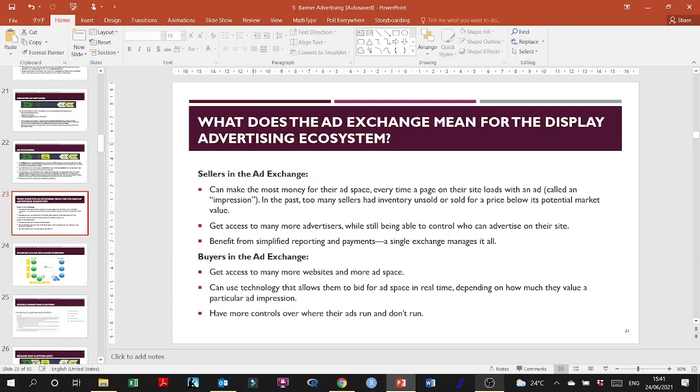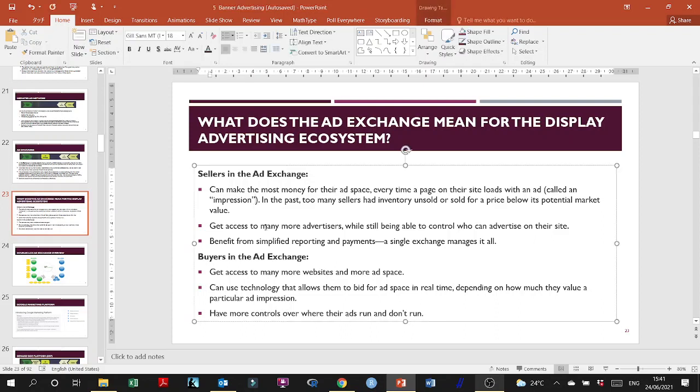So these guys, like the bloggers and the vloggers, can make the most money for their ad space every time there is a valuable view, hopefully, on their page. Basically, every time the page loads, hopefully there's a view behind it that's worth some money on the other side of the ad exchange. This is called an impression, or a view.